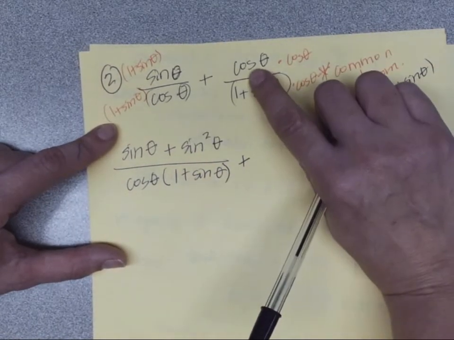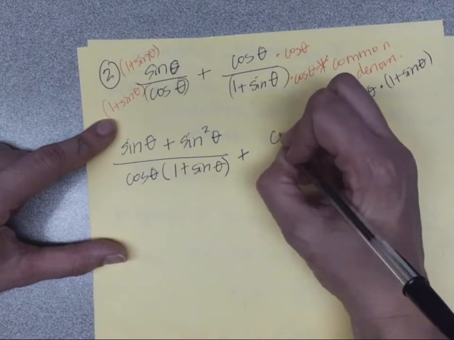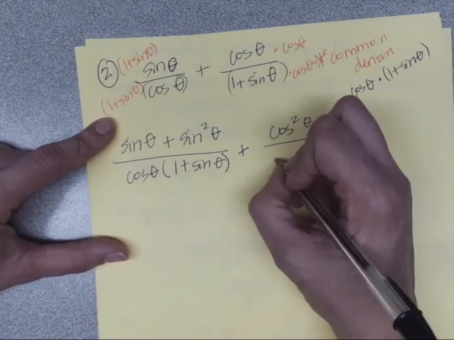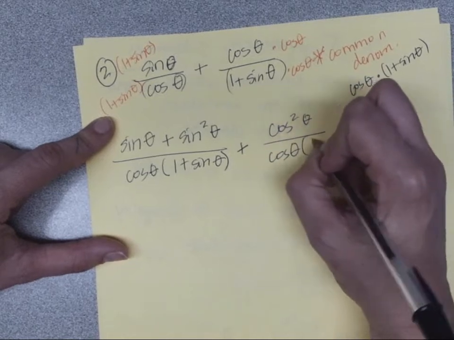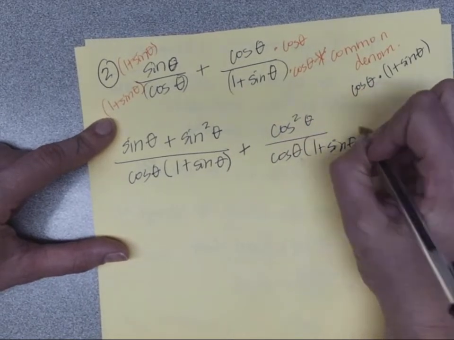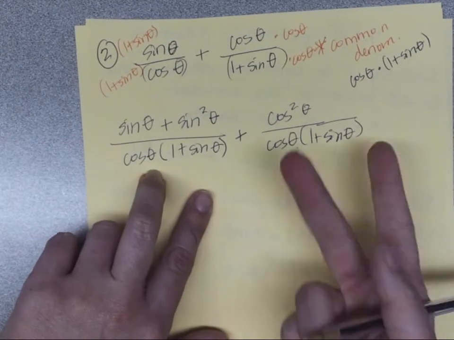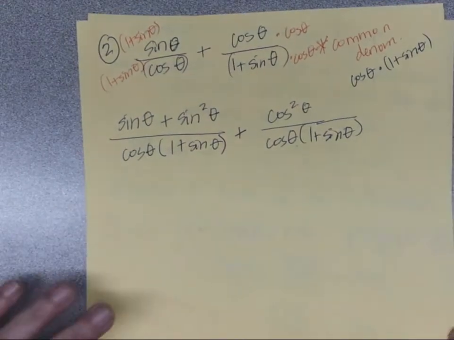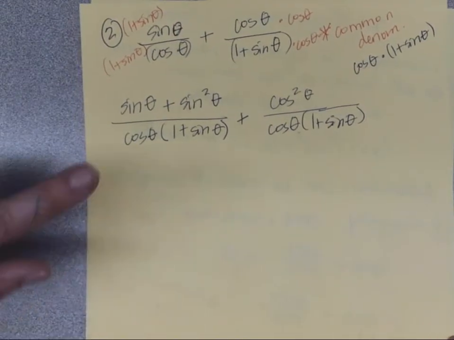Plus, over here, cosine theta times cosine theta is cosine squared theta. On the bottom, this is just my common denominator, cosine of theta times 1 plus sine of theta. If you wrote your denominator the opposite, the 1 plus sine theta first and then cosine theta, that's fine too, it doesn't matter.